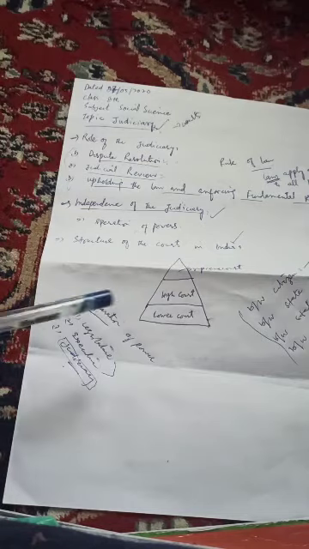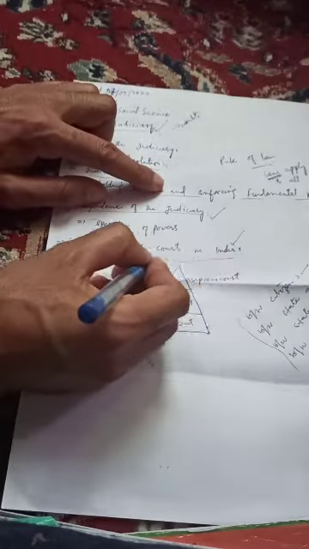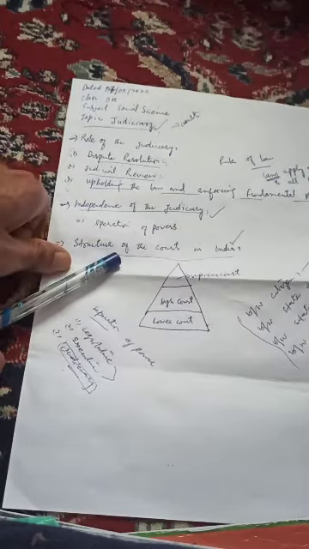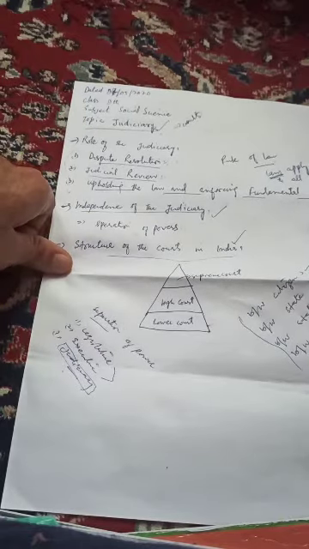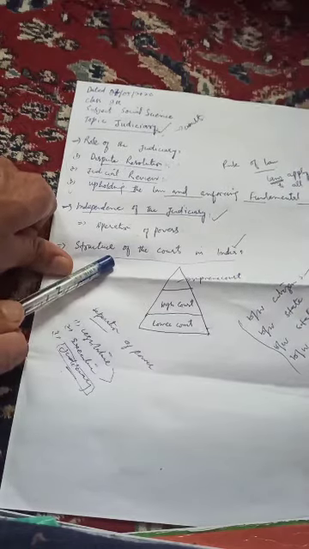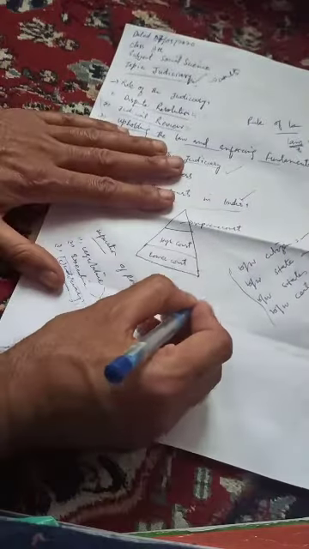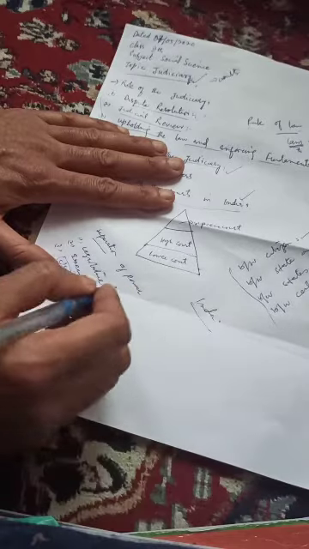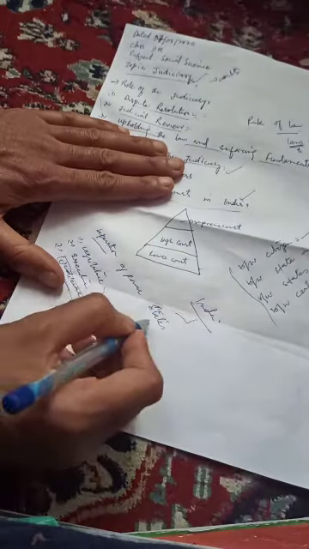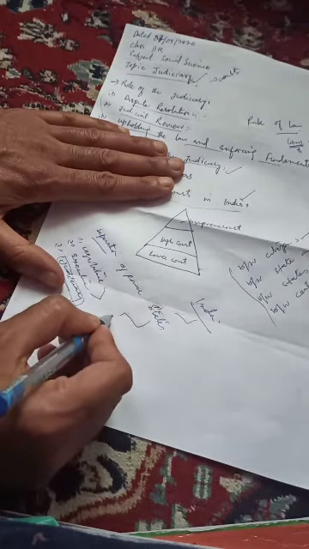Now let's go to the structure of courts. I am briefly discussing these issues because we have a time constraint. So far as the structure of judiciary in India is concerned, there are three levels of courts in India. Our country India is divided into many states, and each state is further divided into districts.